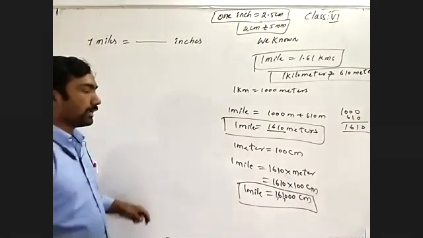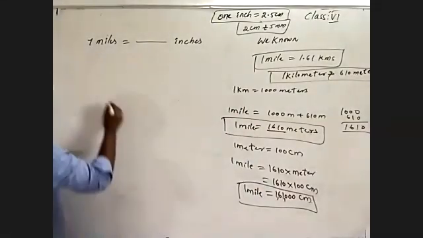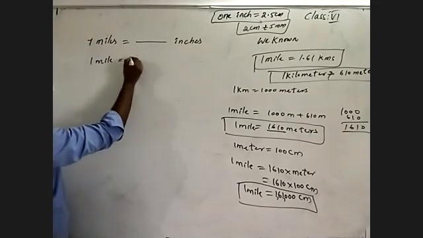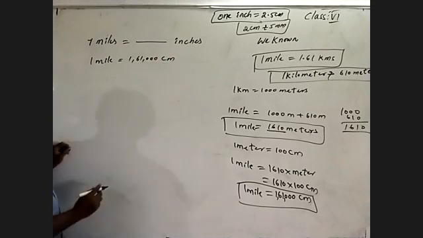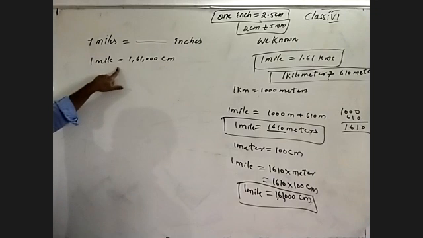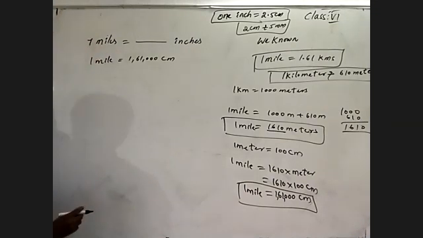First we will find for 1 mile how many inches there are. So let's write here, 1 mile is equal to 1,61,000 centimeters. By finding how many inches are present in 1 mile, we can easily find how many inches are present in 7 miles.